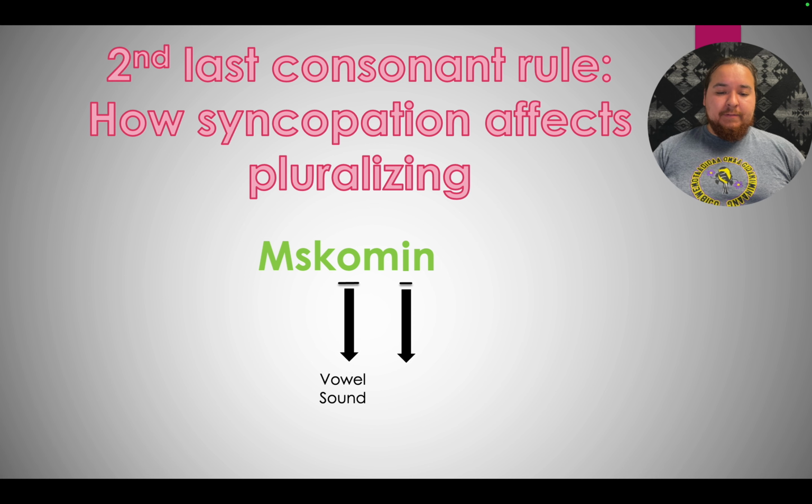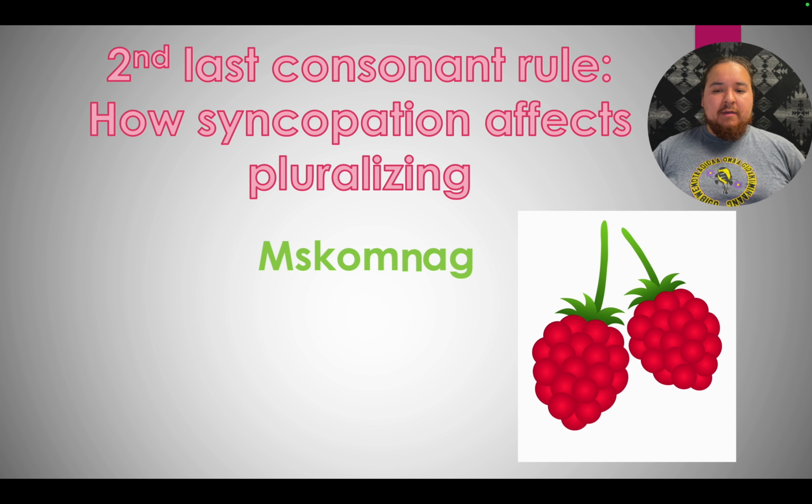O. And we have a short I after it, a single I. So we got to Thanos that short I sound before we add our suffix. Bring in the N sound and then add our plural suffix, which is ag. So that's how we go from mskomin to mskumnug, which is raspberries, plural.